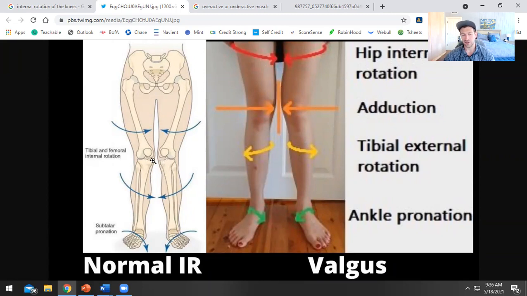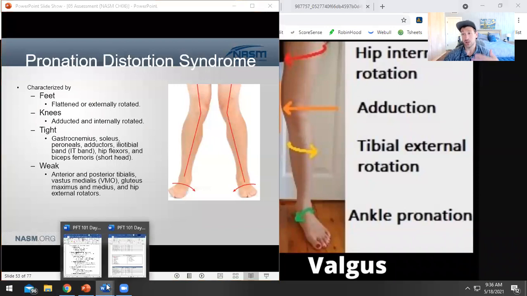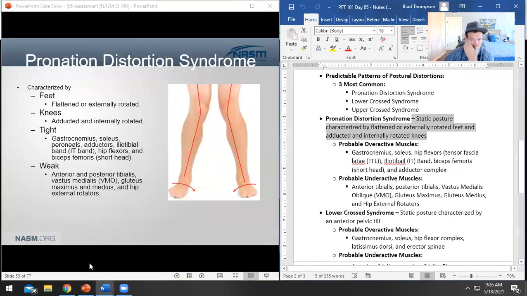And look, there's too much of a gap on this side of the knee joint and not enough gap on this side of the knee joint. So this is grinding. That IT band is being overly stretched. This is causing a lot of different problems. That is what we refer to as knee valgus, or a knee cave-in posture, or pronation distortion syndrome.